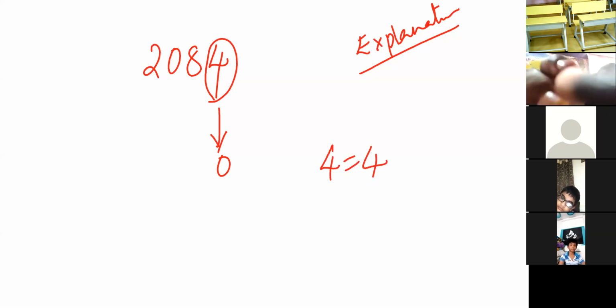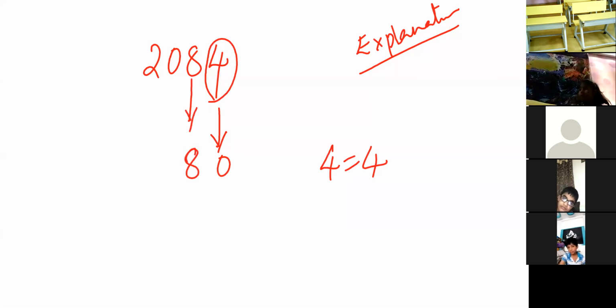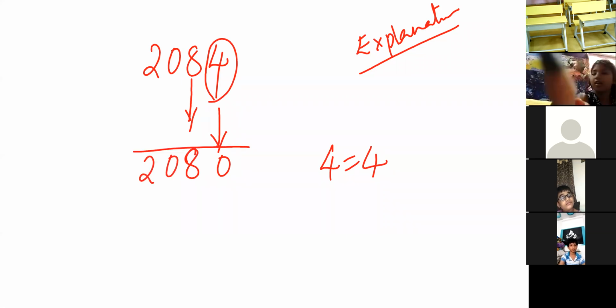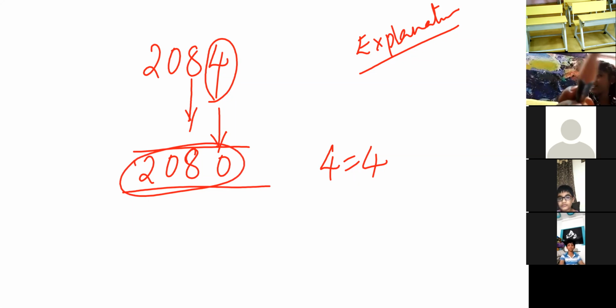In this case also, no need of changing the tens place. You have to write the tens place digit as it is, and the remaining places also as it is. So the nearest 10 to 2,084 is how much? 2,080. When a question is asked like round off 2,084 to its nearest 10, then what you have to choose? 2,080.